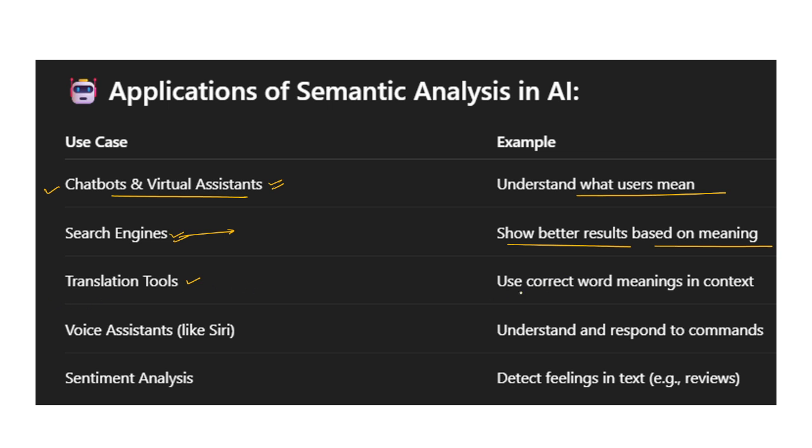Translation tools use correct word meaning in the context. Voice assistants like Siri understand and respond to the commands. Sentiment analysis detects the feeling in the text like reviews. All clear? So now let's just summarize this session.